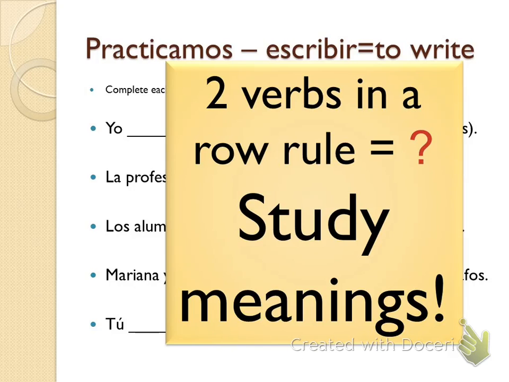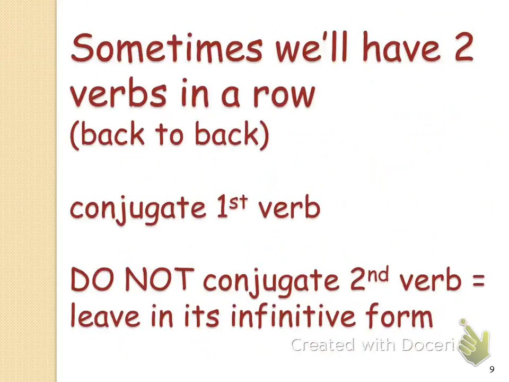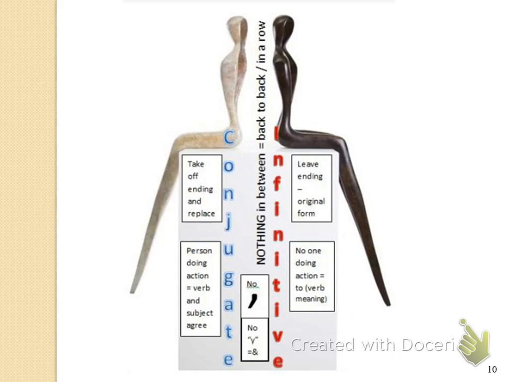Okay. And we did a quiz over meanings yesterday, so hopefully we'll be good with meanings. For today's quiz, all you have to do is conjugations. So when we do conjugate, we do have to worry about what we just did with the two verbs in a row. So if we have two verbs in a row, always conjugate the first one. Don't conjugate the second one. Remember my little graphic to remind you.